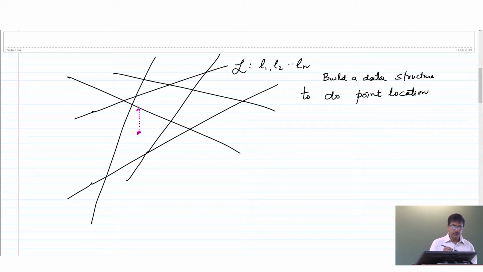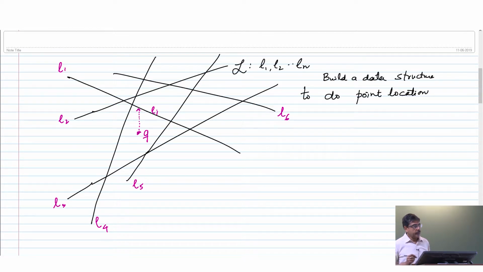So, if I have L1, L2, L3, L4, L5, and L6, etc., and this is the query point Q, then the answer to this is L1, right. So, this is quite a standard problem in geometry.